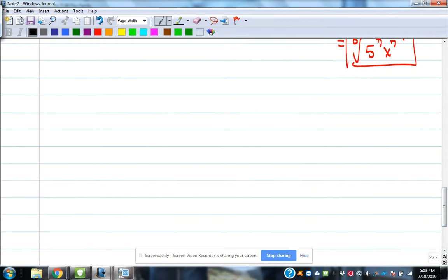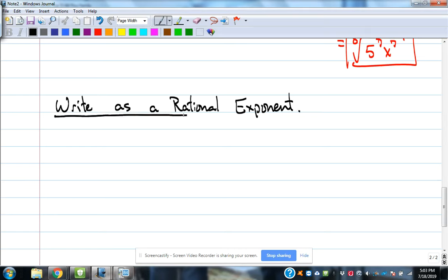So write as a rational exponent. So we're going to get a radical in our original problem, and then we're going to go from there.